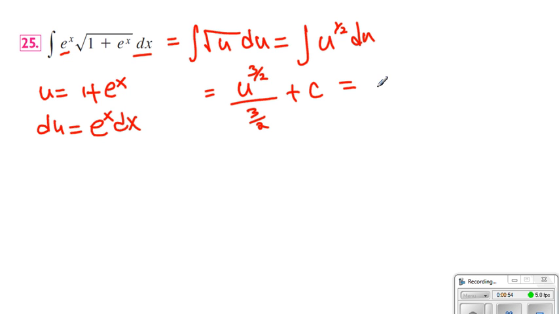If I rewrite this, we end up getting 2 over 3 times u, in this case 1 plus e to the x power, to the 3/2 power plus c. That becomes our final answer.